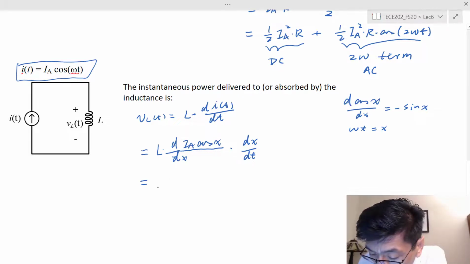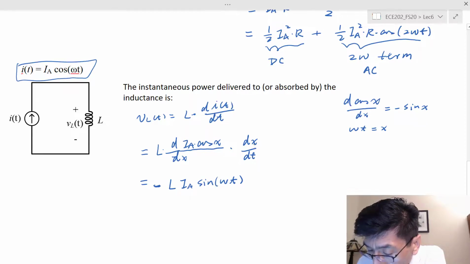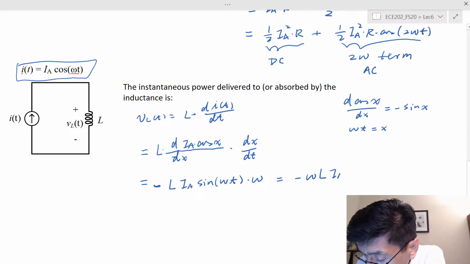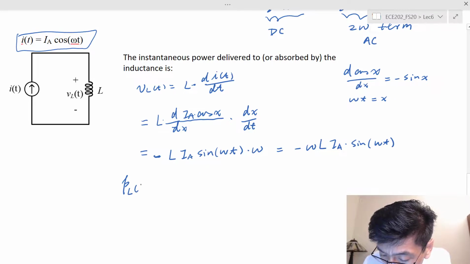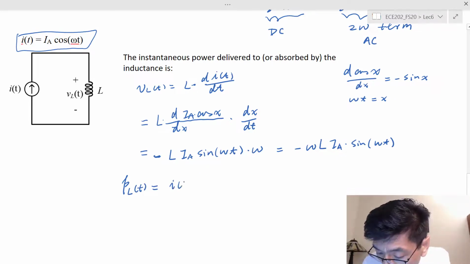IA is a constant, so I have negative L IA sine x, where x is omega t, so I put omega t back, and the dx dt is omega, so therefore I have negative omega L IA sine omega t.